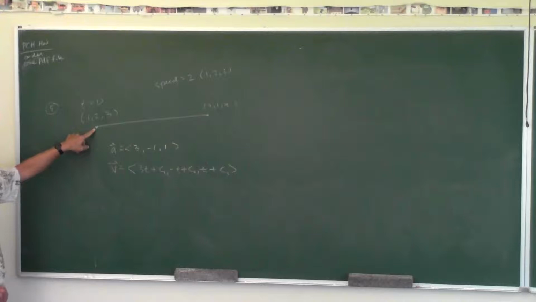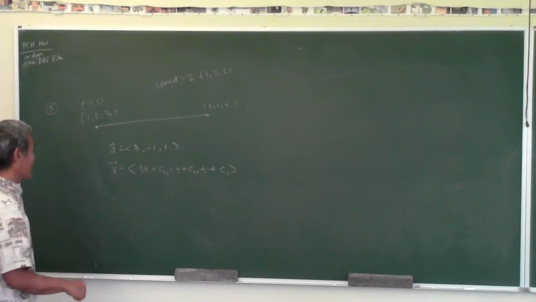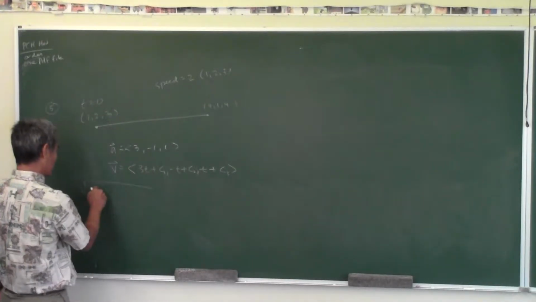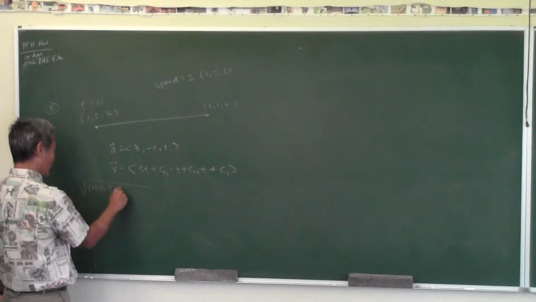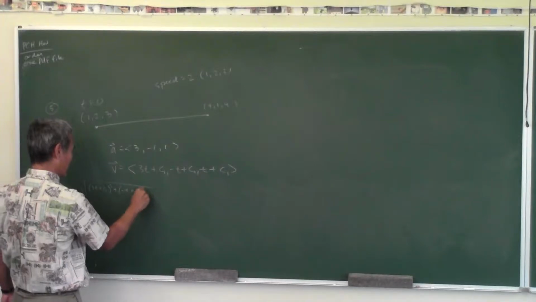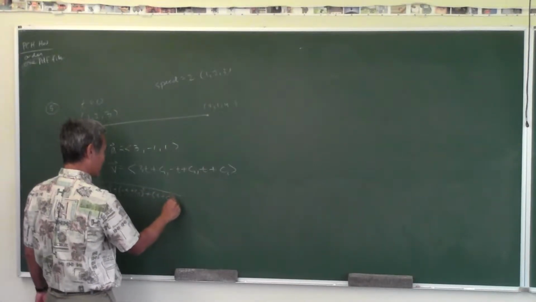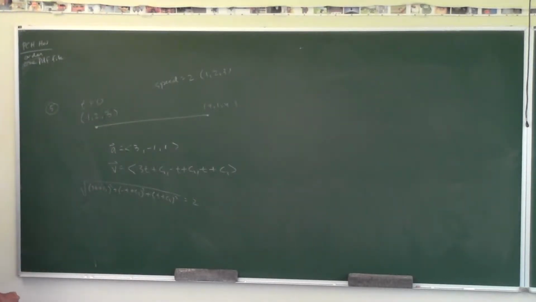Yeah. So the speed is the magnitude of velocity, right? So if this is velocity, the square root of this squared plus this squared plus this squared gotta equal 2 then. Right? Because the speed is the magnitude of velocity.